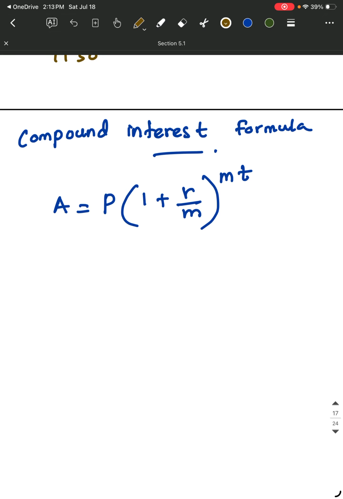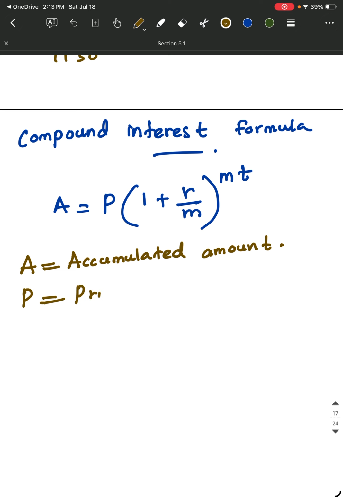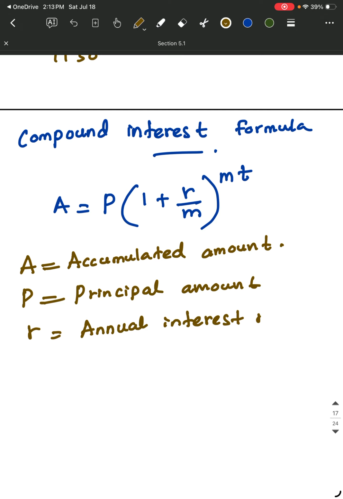Again, A, accumulated amount at the end of the time period. So the total amount at the end of the time period. P, principal amount or original investment. R, same as the simple interest, annual interest rate. T, time in years.